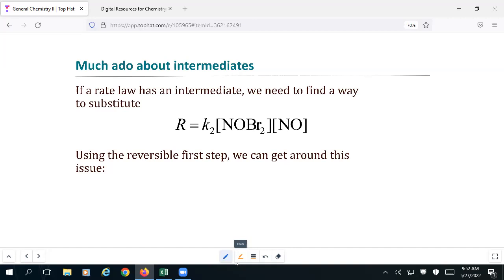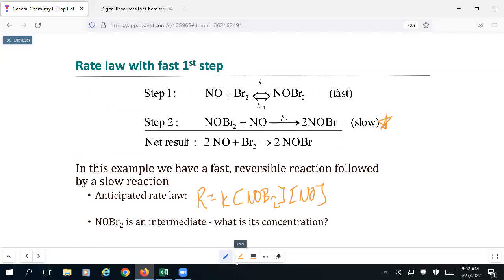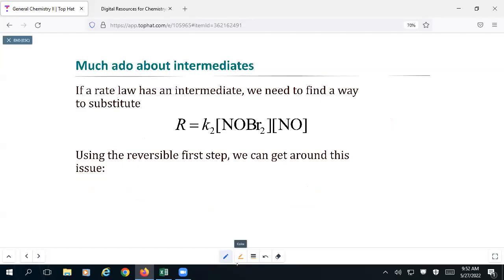Since we have reversible steps, and keep this in mind because Tuesday we're going to get into reversible reactions, so stash this one away. It's going to come back again after our weekend break. On the forward side, we have k1, which is equal to nitrogen monoxide times bromine.